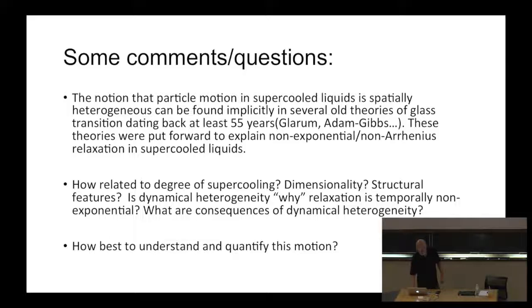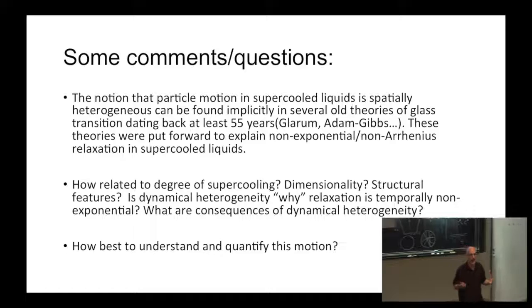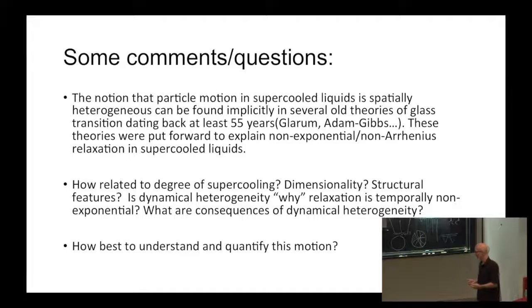And many other questions. So the idea that the dynamics in a supercooled liquid could be or should be dynamically heterogeneous isn't a new thing, and it's not something that first appeared 15 years ago. If you think about very old models of liquids, the Adam-Gibbs model is a precursor of the kinds of models that Jorge talked about.